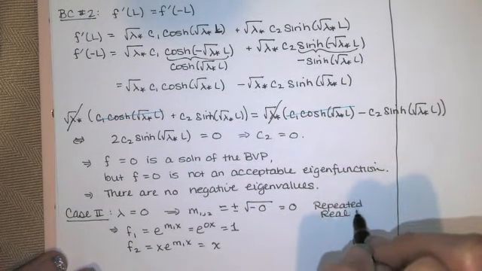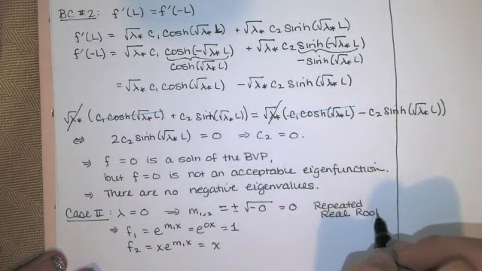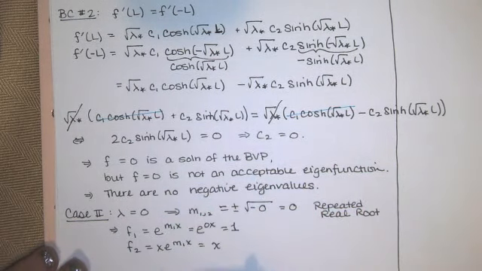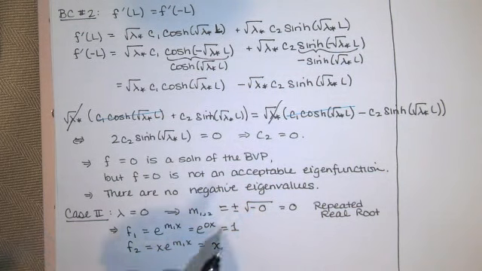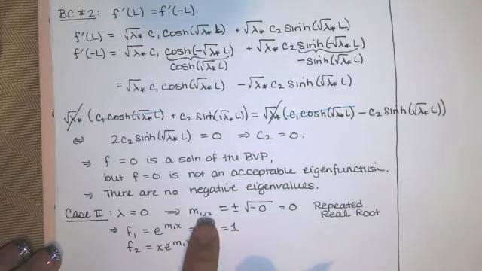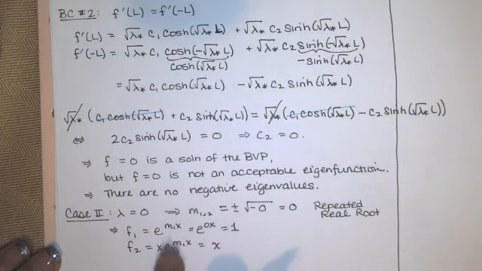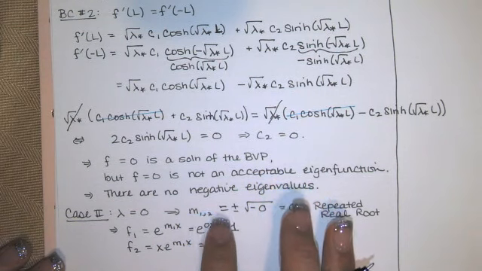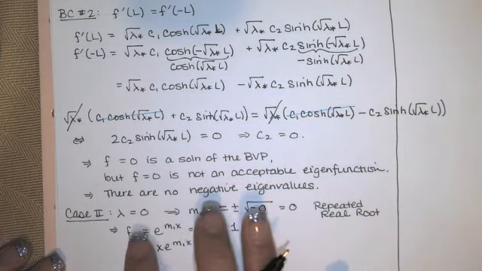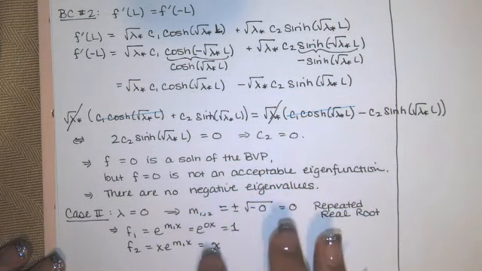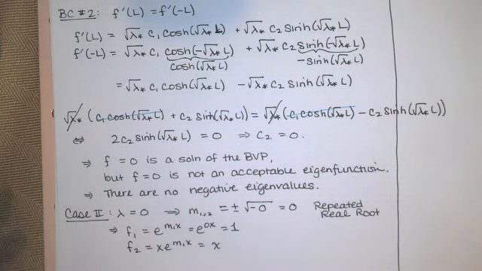The first solution is e to the m1x, and all of the solutions after that come from just multiplying the previous solution by x. Since I've got two values of m that are both equal to 0, I get two linearly independent solutions. If this was m1, m2, and m3 all equal to 0, the first solution would be 1, the second solution would be x, and the next one would be x squared because we'd multiply by x again.